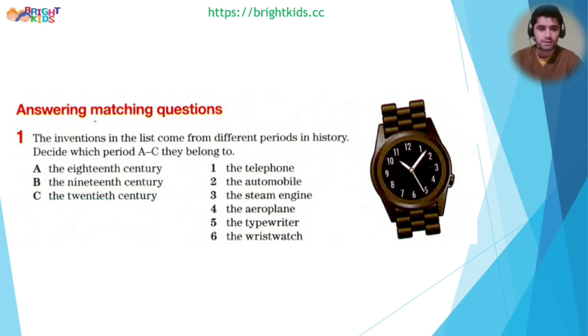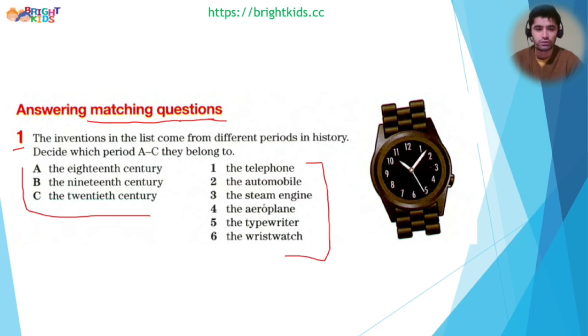So the next page is about matching questions. We have a matching question task here. Let's read it first. The inventions in the list come from different periods in history. Decide which period, A to C, they belong to. So we have different centuries here from A to C, and different inventions are right here. Now our task is to match these inventions with the centuries.